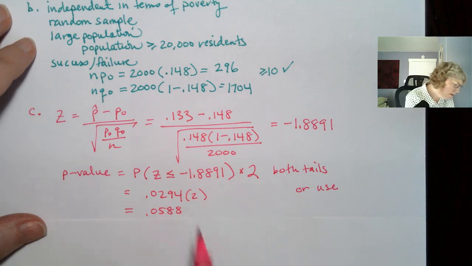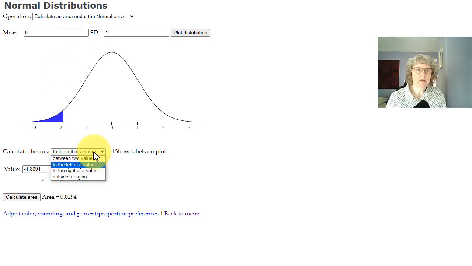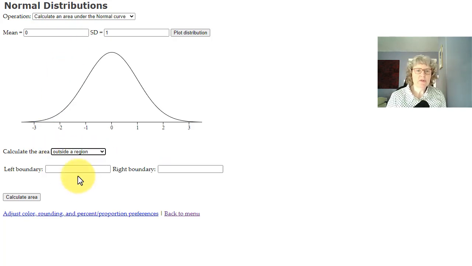Okay, now let's say I want to use the other way. If you just want one way, that's fine. Just pick one way. But remember I mentioned before there was this outside. And outside is both tails. It doesn't have to be symmetric. It's giving us a different option for left boundary and right boundary.